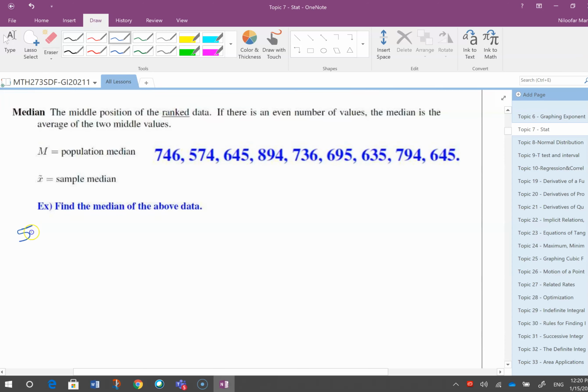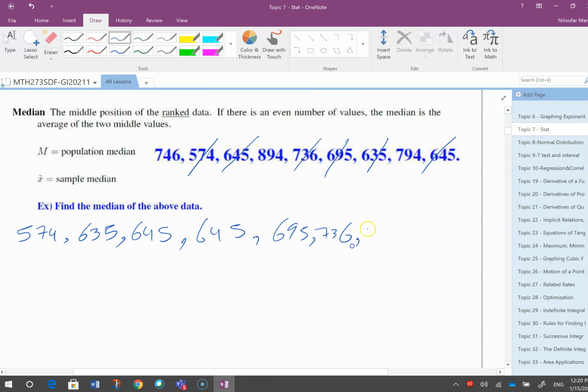So I start from the smallest one, this, and I cross it. 635, and I cross it. The next one, 645, and I cross it. The next one, 645 again, and I cross it. The next one, 695, and then 736, and I cross them.